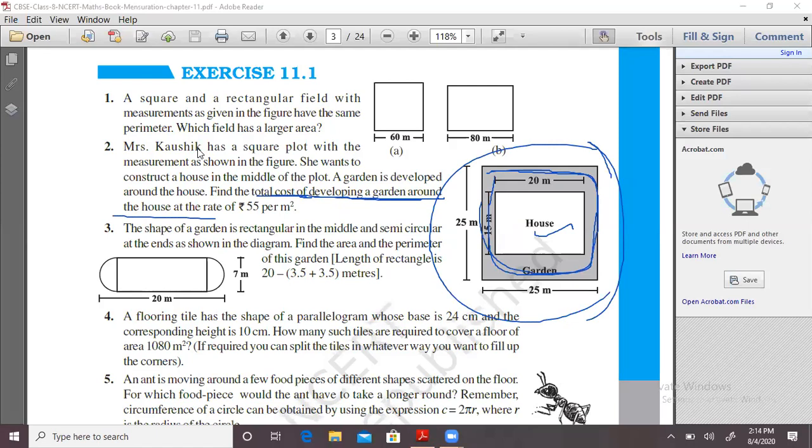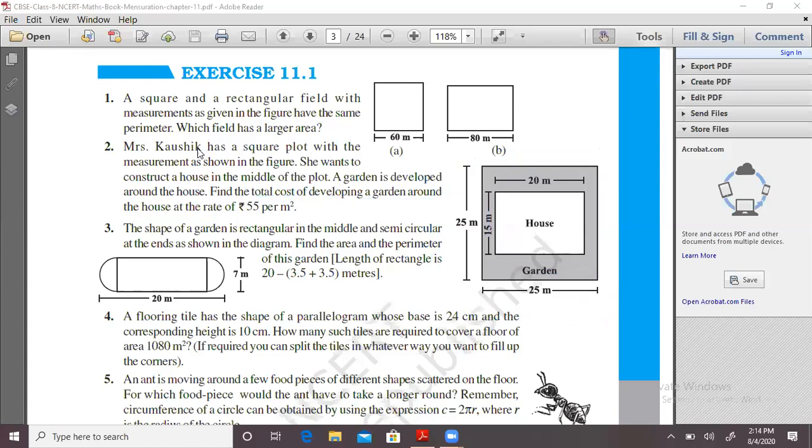If you want to develop a garden, that means you will just plant the garden. You have to plant the plants. So what will you do there? You will cover the area there. So that means you will find out area of the garden first of all. Again, I'm repeating this question. Here you have given square plot. In between you are to construct house.